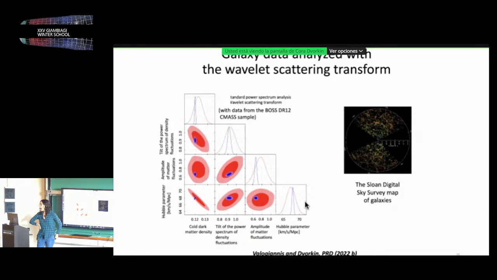You can see already by eye the significant improvement that we obtain. It's not surprising there is non-Gaussian information in galaxy data, and we have a method to extract more information than the power spectrum. So it's not surprising that our errors are much better than in the case of the power spectrum.